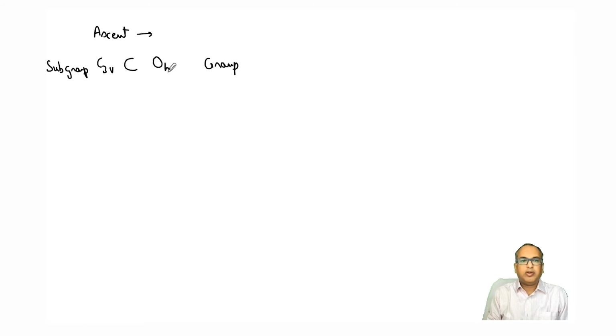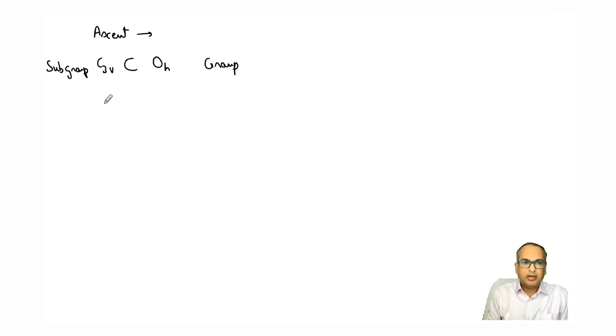So we can say that if we are going towards higher symmetry, we have C3v is a subgroup of Oh, and on the left hand side we have the subgroup, right hand side is the group. Now the order of this is 48, this is 6, so you have a group subgroup relation.